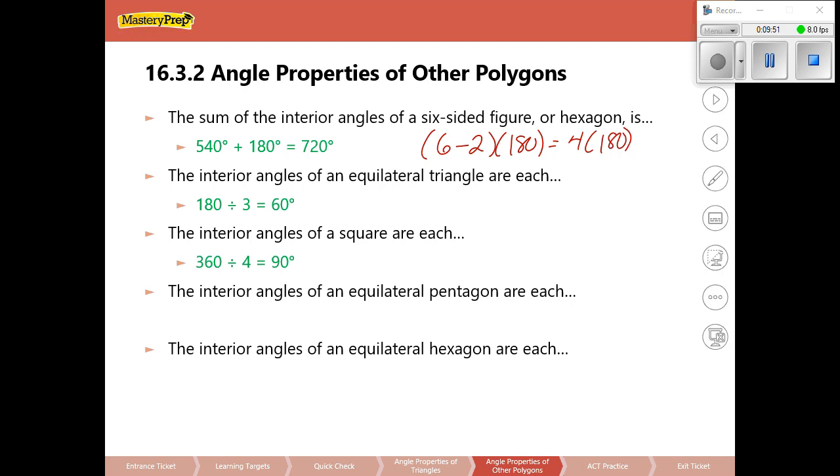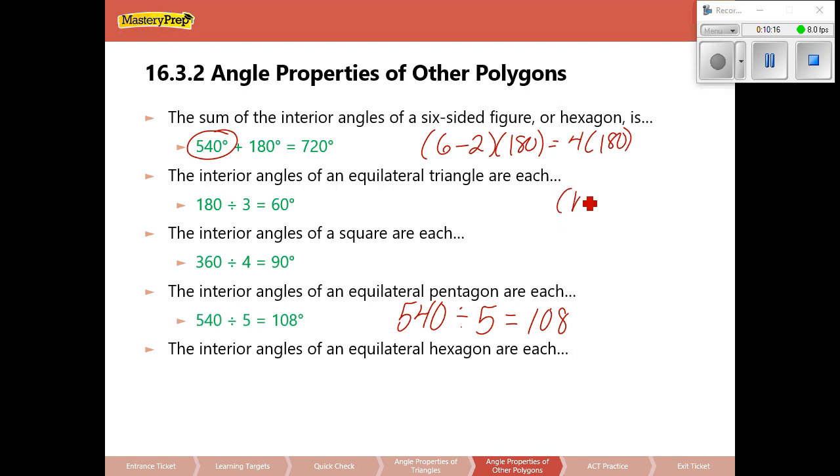Interior angles of an equilateral pentagon. So pentagon is 5 sides, yes? 6 is 720, so 5 has to be 540. And if they're all the same, we can divide 540 by 5 and get 108, because one angle in a regular polygon is defined by the formula n minus 2 times 180 divided by n.